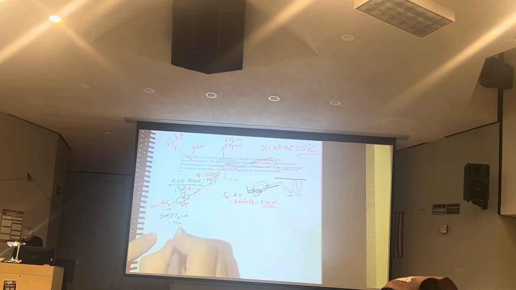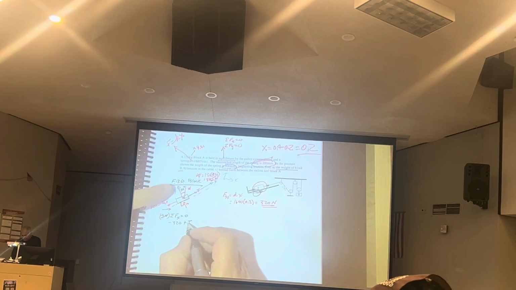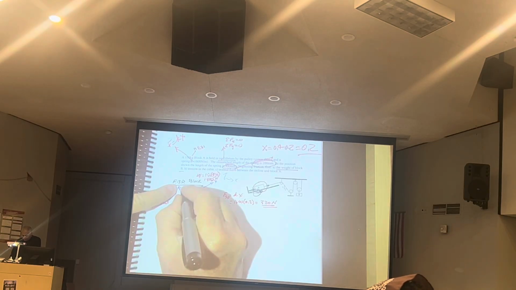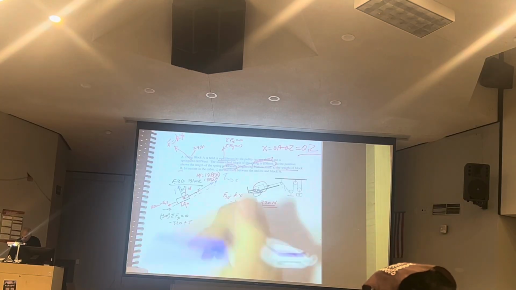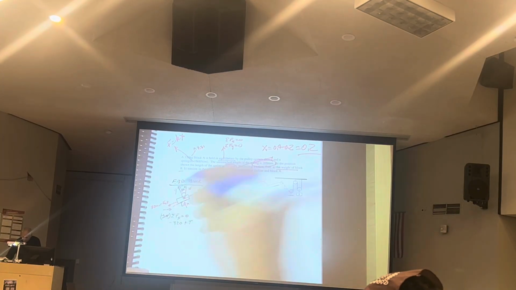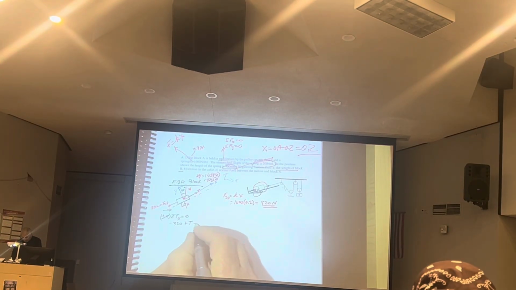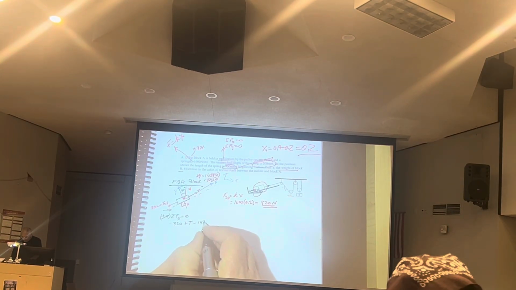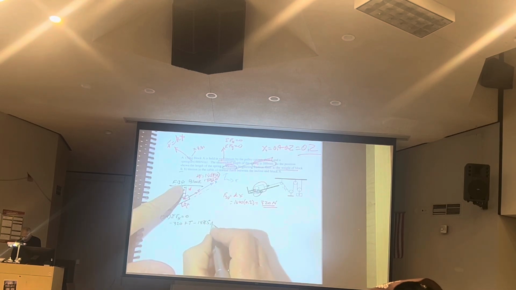Minus 320, that's this guy, plus tension, and there's a component right there in the x, which is headed downward. So that's got to be a minus 1471.5, but it's got to be the sine of 30, equals 0.